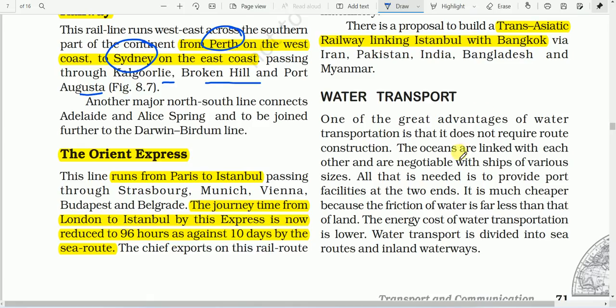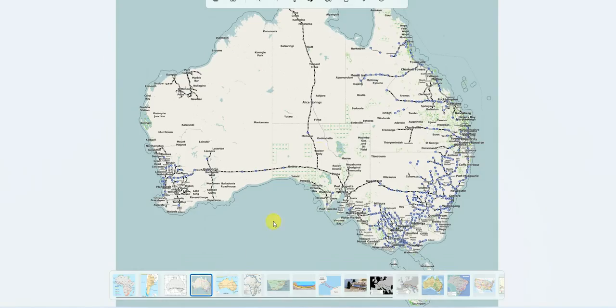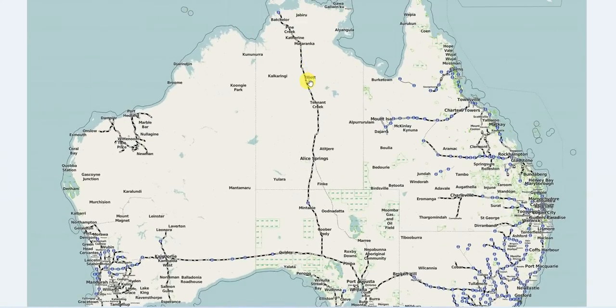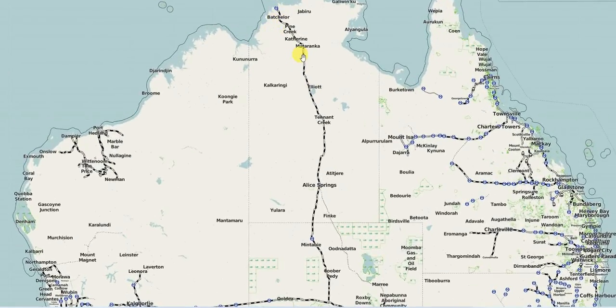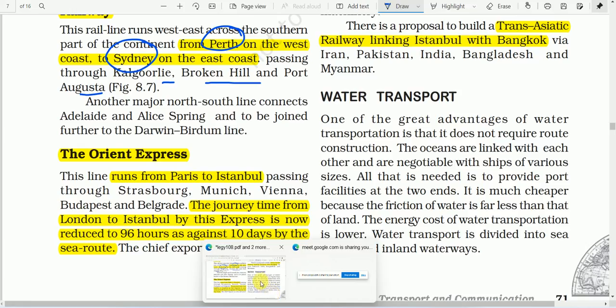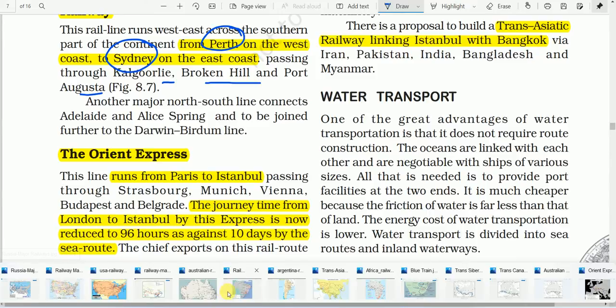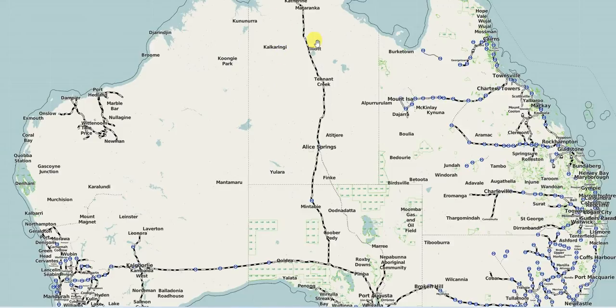I think in another map you will see it. Another major north-south line connects Adelaide and Alice Spring, to be joined further with Darwin and Birdham. That is mentioned in the book.